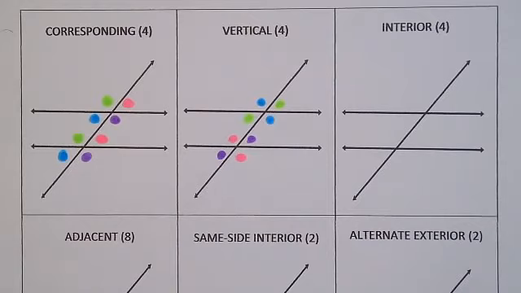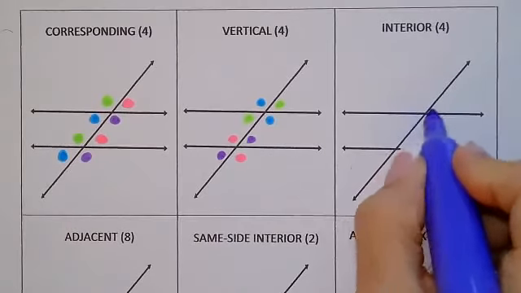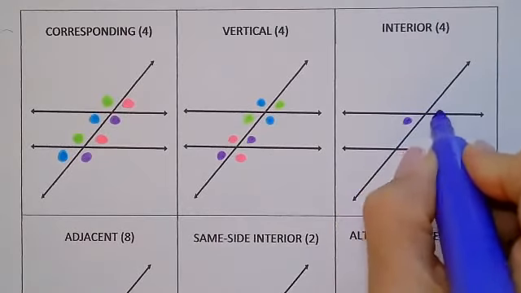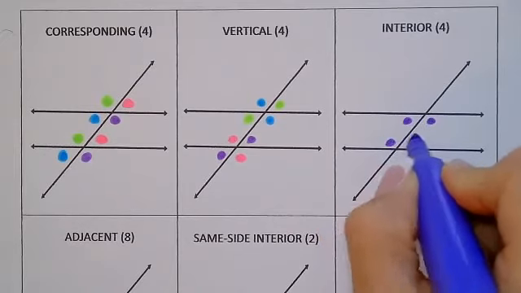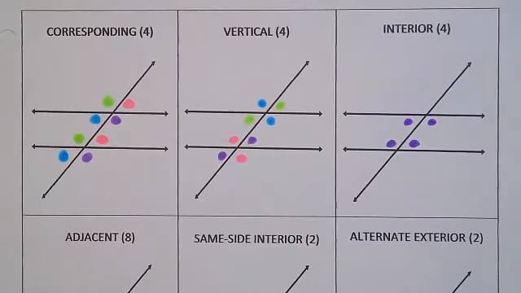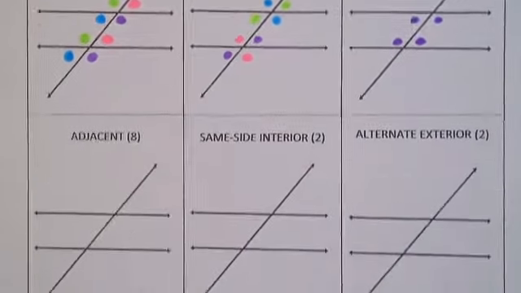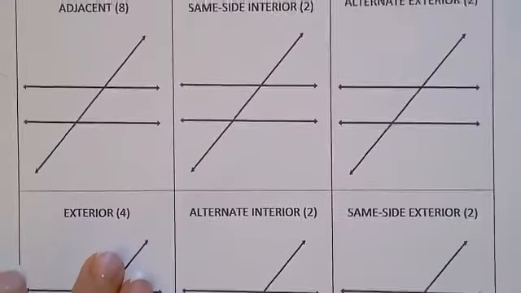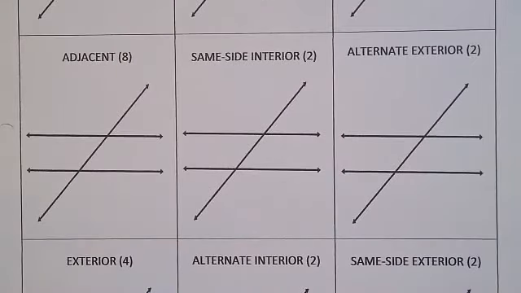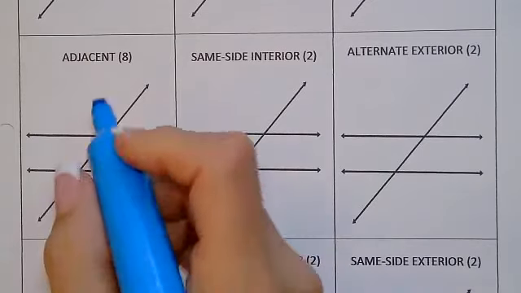All right, our interior angles in between the 2 parallel lines. So 1, 2, 3, 4. Interior angles. All right, now we have adjacent angles. Those are our angles that are next to each other. So there are a total of 8. I'm just going to do 4 of them.